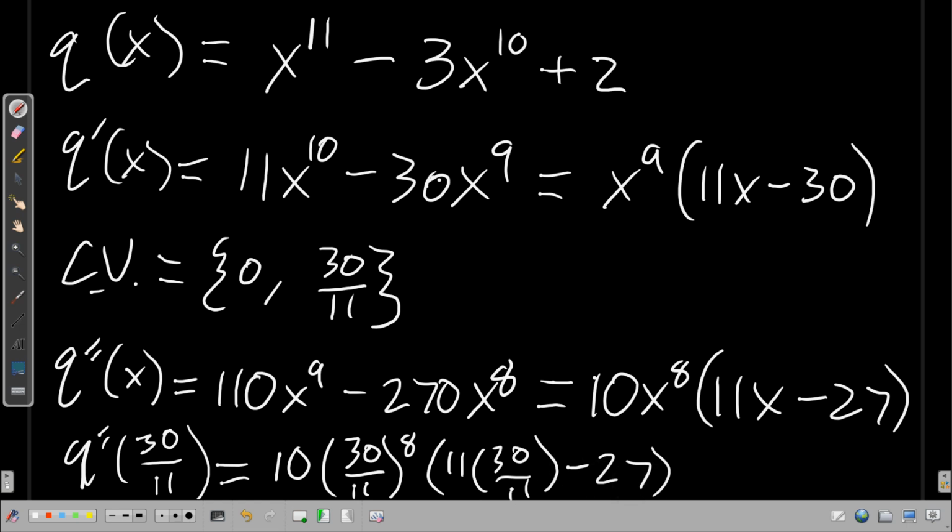And you can see that all three of these factors are positive, because the 11s cancel and it says 30 minus 27, which is positive. And so I know that it would be concave up. It will be concave up at 30 over 11, so it makes a local minimum there.